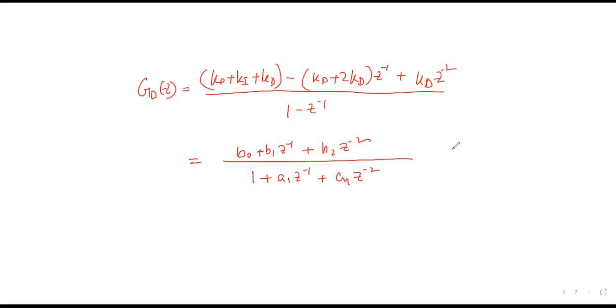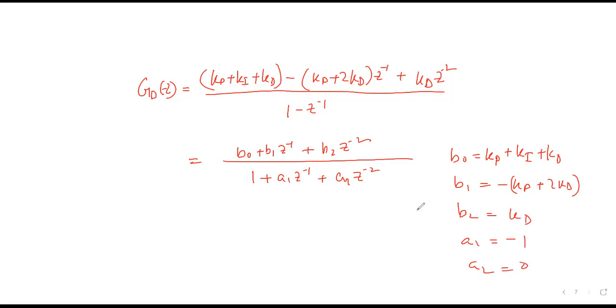What you can get is b0 is basically KP plus KI plus KD, b1 equal to minus KP plus 2 KD, and b2 is equal to KD, whereas your a1 is minus 1 and a2 is 0. So these are the coefficients of the position form PID controller that we have derived in the last class.